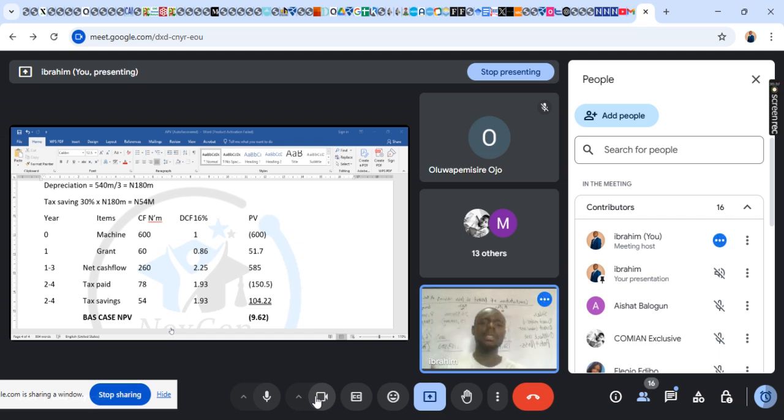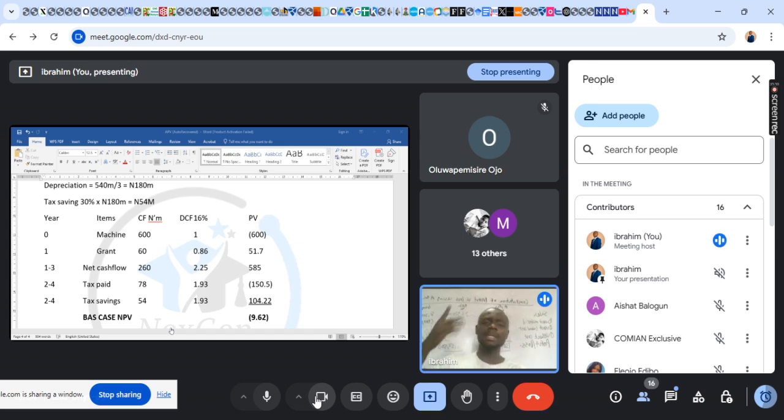Now we proceed to the tax savings. Why do we have to have tax savings? We were told that the depreciation on a straight line method is tax allowable, after the net of the cost of the machine. That is why we say the cost of the machine minus the grant gives the net cost of the machine. The straight line method is calculated as the cost minus residual value, which is not given to us in this question, divided by the number of years.